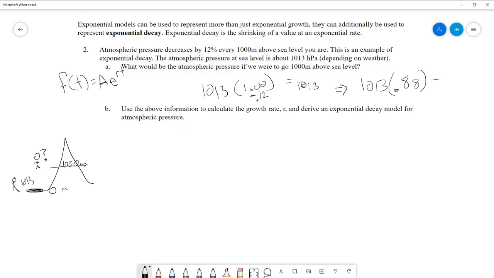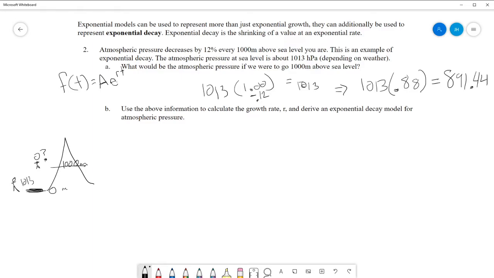So if I do this with a calculator, I'll be able to know what that value is. Let me pull out a calculator really quick and type in 1013 times 0.88, and I get 891.44.